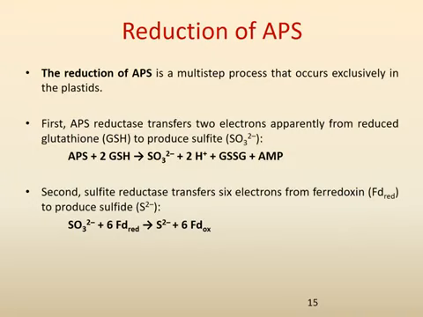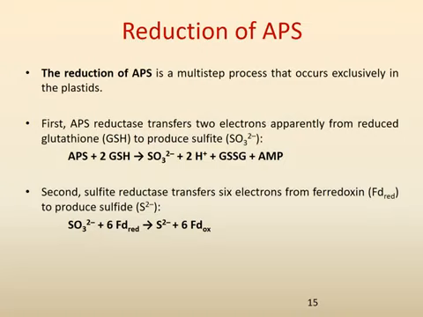Reduction of APS. The reduction of APS is a multi-step process that occurs exclusively in the plastids. First, APS reductase transfers 2 electrons apparently from reduced glutathione GSH to produce sulfite SO3 2-.